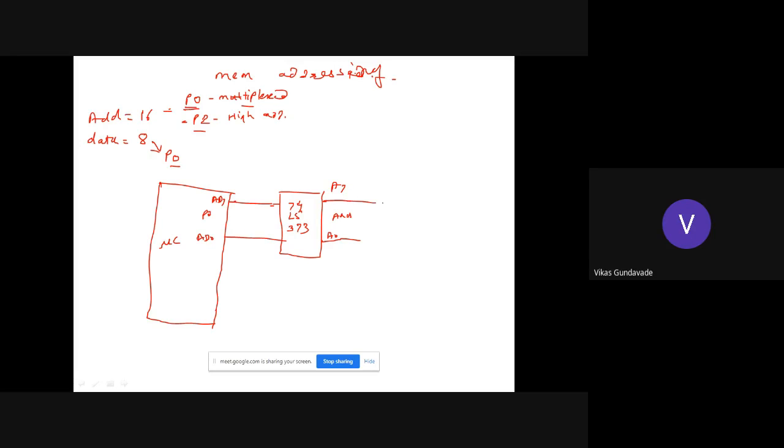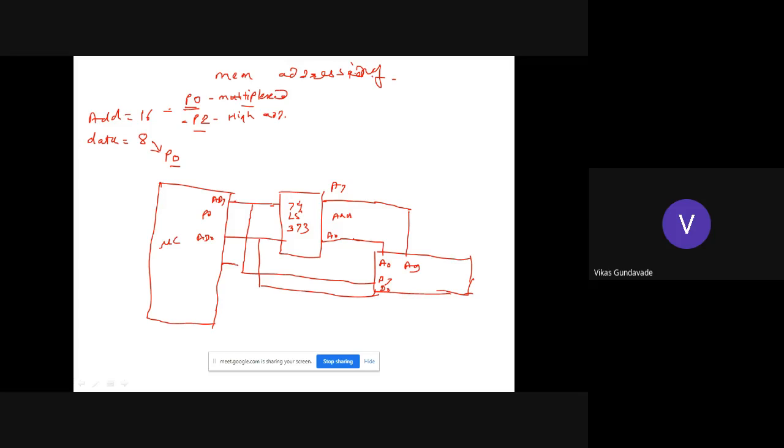These are the separate address lines, and they are interfaced to the memory as they are. Again, before the 74LS373, the lines are interfaced directly to the memory as data lines, D0 to D7. This will work as data lines.